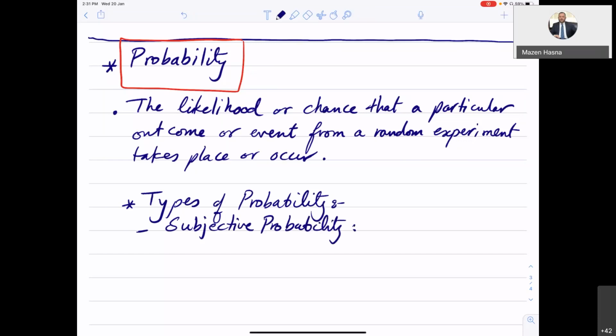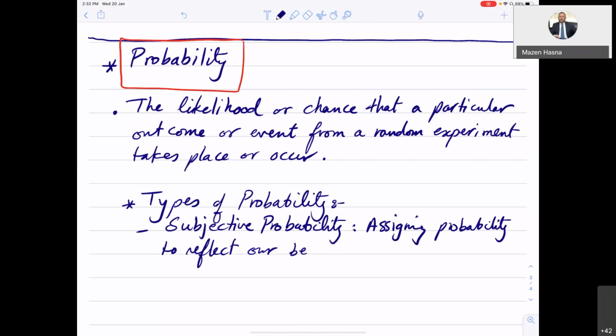Subjective probability is a way of assigning probability to reflect our belief based on studies, calculations, and so on.